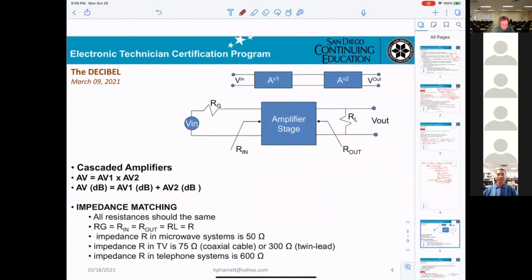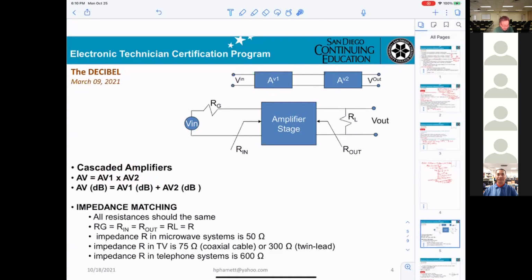Okay, now they're talking about cascaded amplifiers. That means you have amplifier A1 and then amplifier A2. They want to calculate the total gain of the amplifier. If using plain numbers, A1 equals 2 and A2 equals 3, you calculate the total using AV1 times AV2, which means 6.